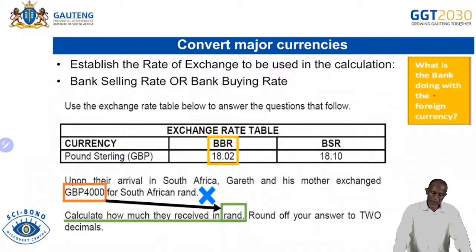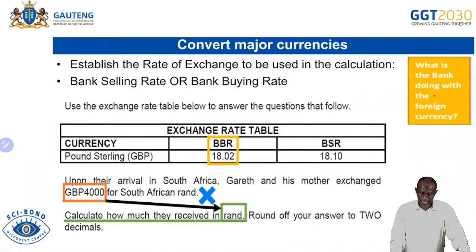As we further move on with this calculation of converting major currencies, it says establish the rate of exchange to be used in the calculation. Is it the bank selling rate or the bank buying rate?